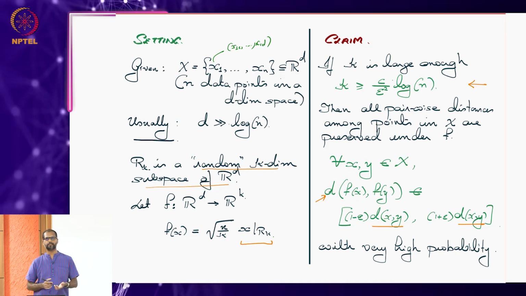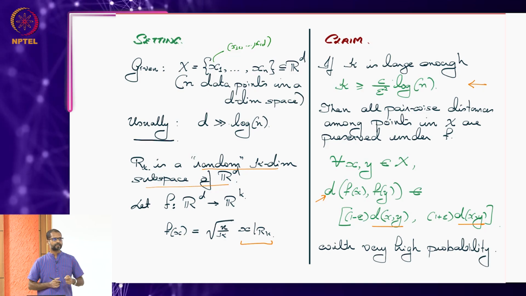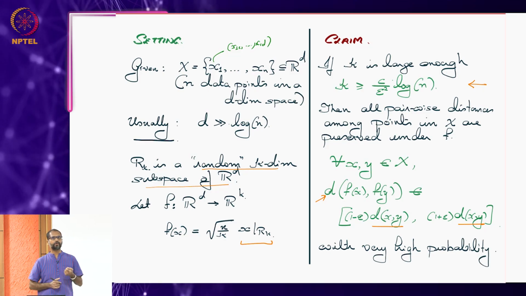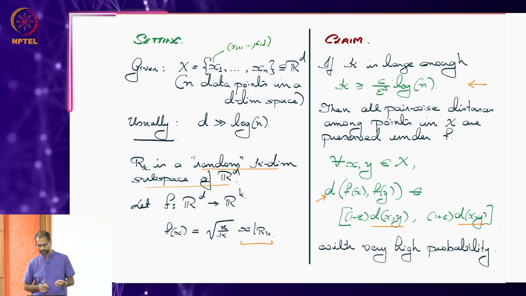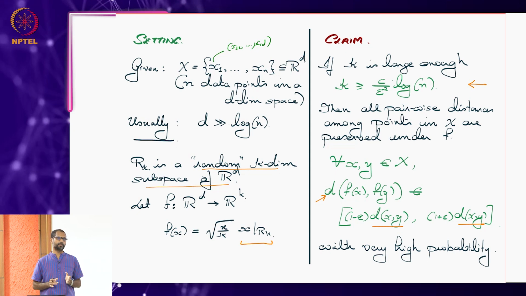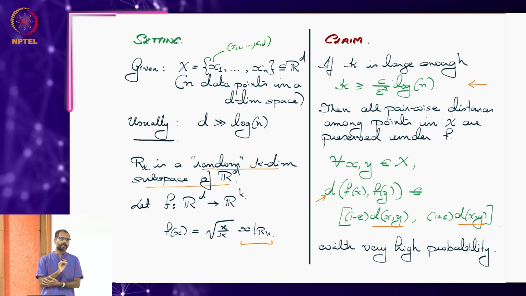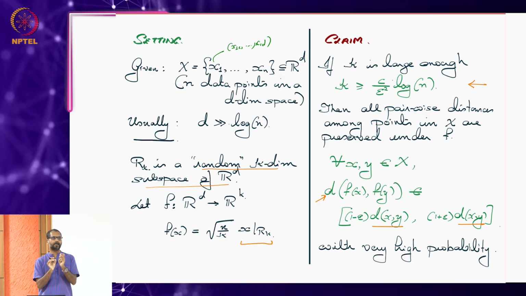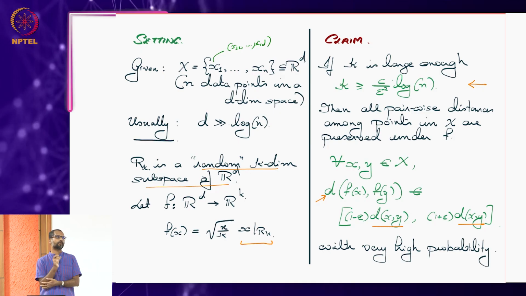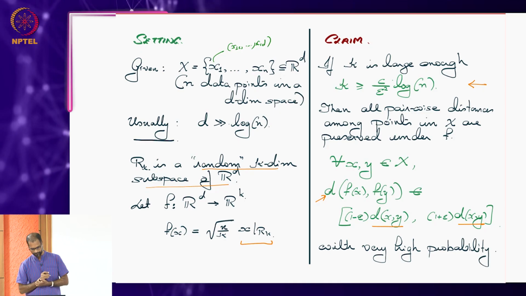Just select a subspace at random, but provided its dimension is high enough, then every pairwise distance in your data set is going to be preserved within some epsilon accuracy with very high probability. That is the guarantee. So there is some loss of accuracy, and then there is some randomness in the answer. There will be a very negligible probability that this won't happen. So this is the claim.